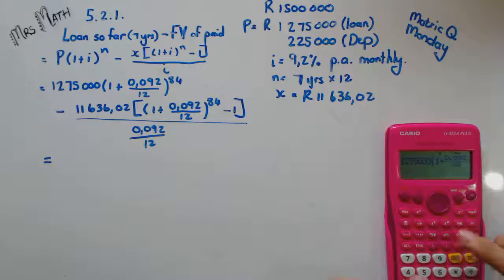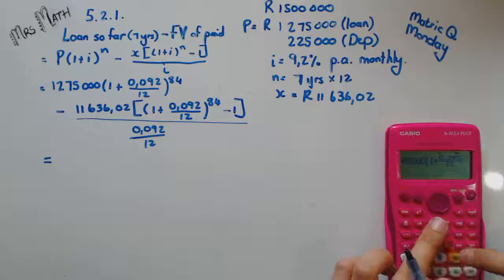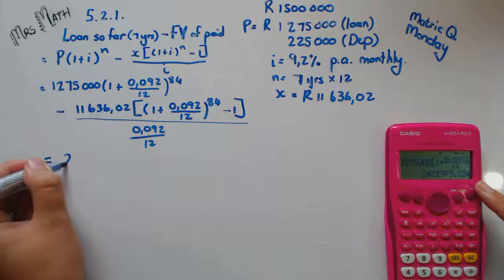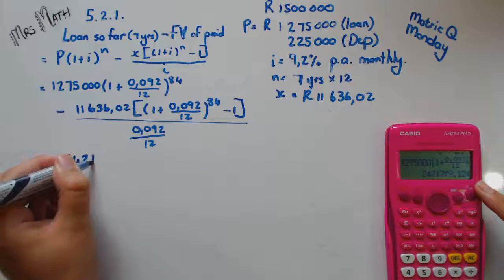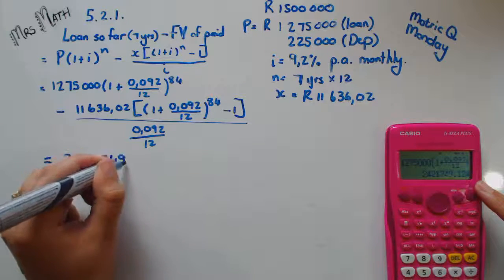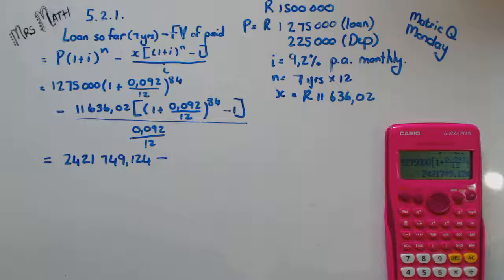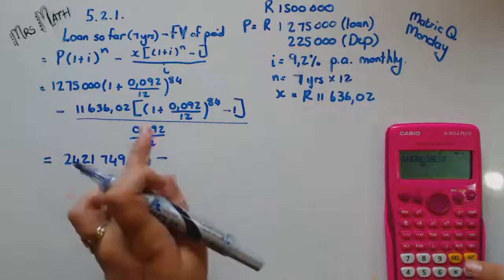1 plus 0.092 over 12 to the power of 84, which is very big, 2.421749124, and then I'm going to subtract 11,636.02 times brackets.